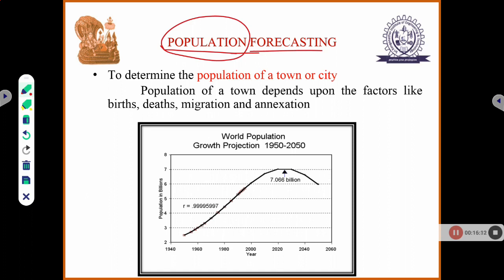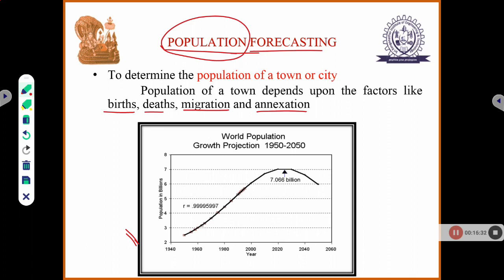And to determine the population of a city or town, the population of a town depends upon factors like birth, death, migration, and annexation. Here I show a sample graph for the increase of population.